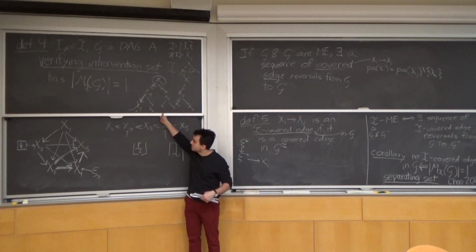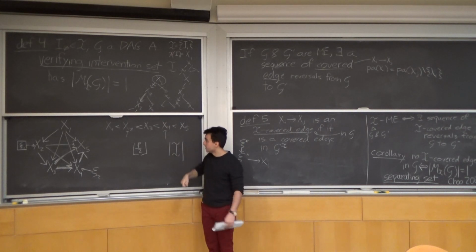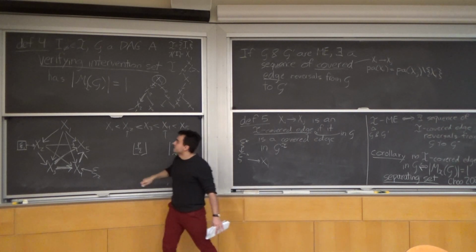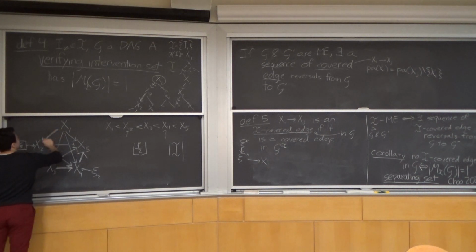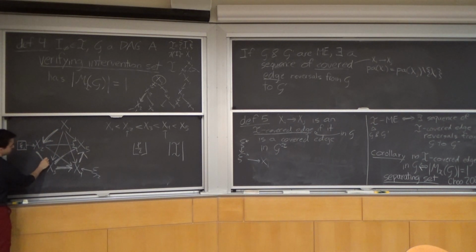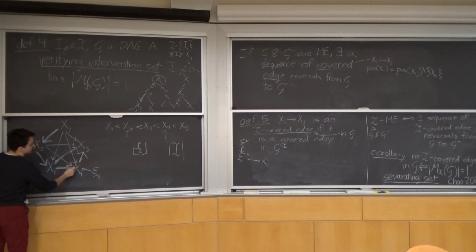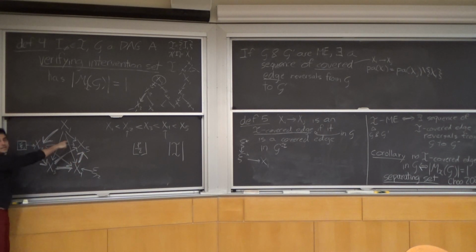In the case of a clique, it's actually interesting. The covered edges are the ones that go in the topological order. So 1 to 2 is a covered edge, 2 to 3 is a covered edge, x3 to x4, and x4 to x5. Those are covered edges. All of the remaining ones inside of here aren't covered edges. For example, x1 to x3. x3 has x2 as a parent, but x1 doesn't.